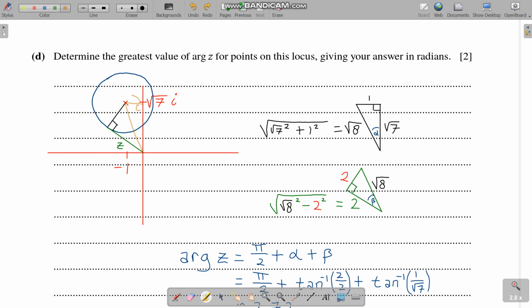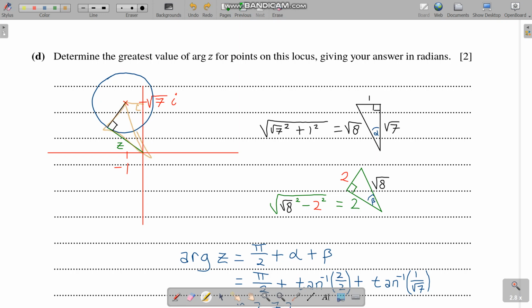For this triangle, we have this distance, which is 1, because this is from the center of the circle, which is at minus 1, comma something. So this distance is 1, and this distance is root 7. Using Pythagoras, we get the hypotenuse, which is root 8.